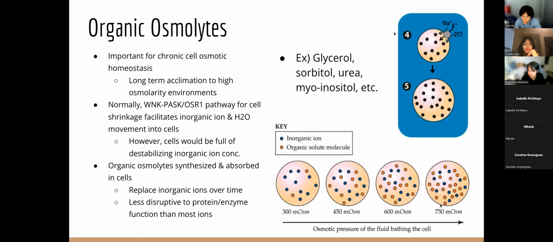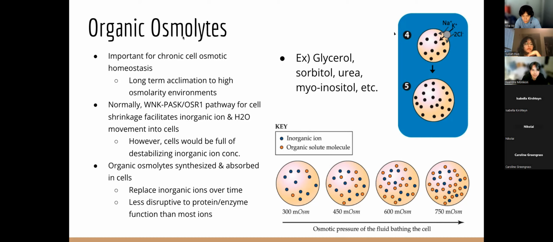That's why you want these osmolarities to be relatively equal to the environment, so the cell doesn't shrink. But the one thing that's different between organic osmolytes and inorganic ions is that organic osmolytes do less damage, with little change to protein structure or enzyme function, right? So that's why they're better than inorganic ions filling the cell.